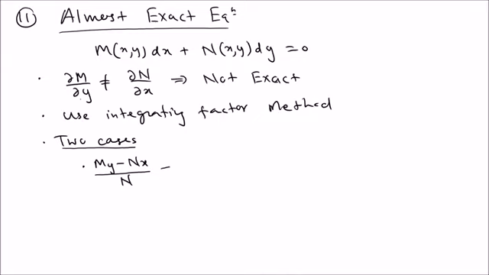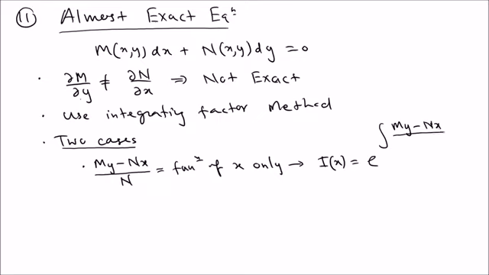Let's assume that this is a function of x only. In that case, the integrating factor is also going to be a function of x, which is e to the integral of (My minus Nx) over N with respect to x. So that's the integrating factor in that case.